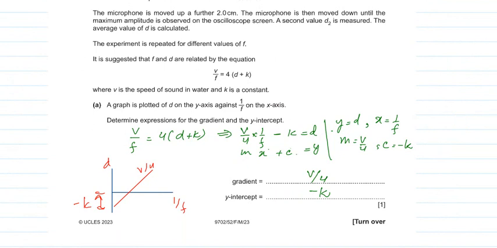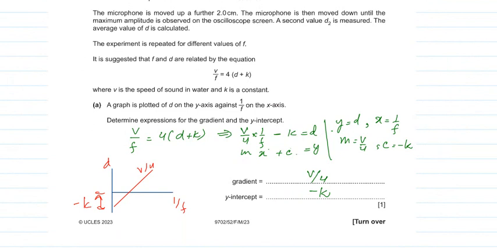So the possible graph should look like this, with d on the y-axis and 1 over f on the x-axis. We will have the gradient, and the y-intercept we will get as negative. So the gradient is equal to v over 4, and the y-intercept is k.